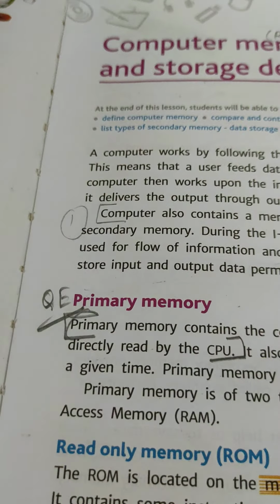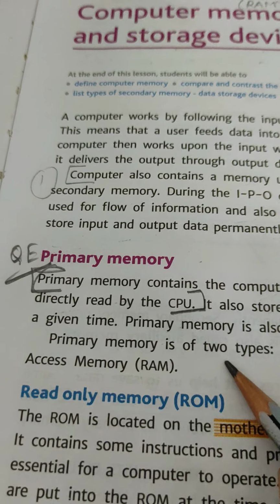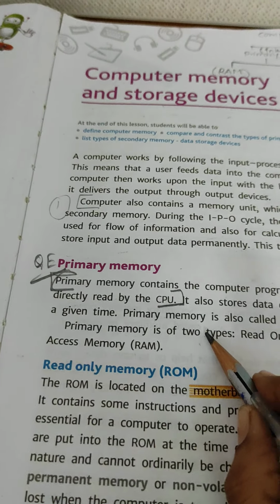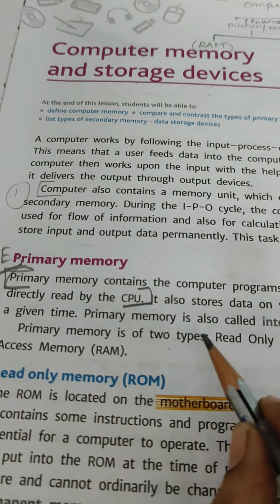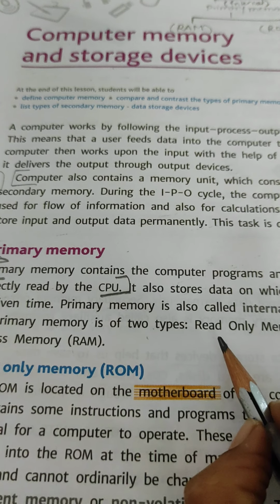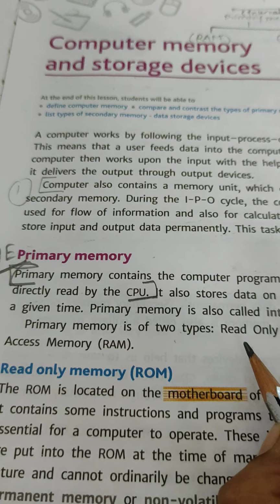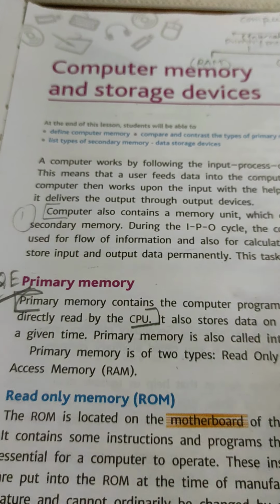Now, primary memory. Primary memory is also known as internal memory or main memory. It contains the computer programs and instructions that can be directly read by the CPU. It also stores data and instructions on which the computer is currently working at a given time.